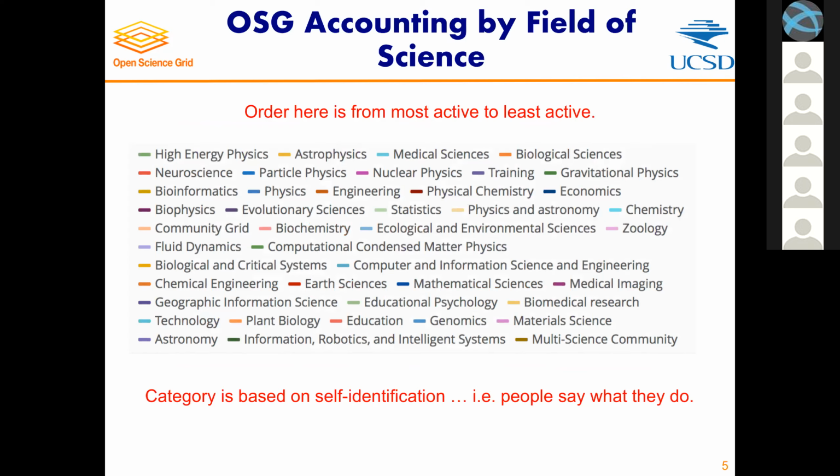What you see here is declarations that people make themselves. In other words, this is just a string that people can fill in when they register for use of OSG. And the individuals or organizations who signed up have chosen to declare themselves via these strings.